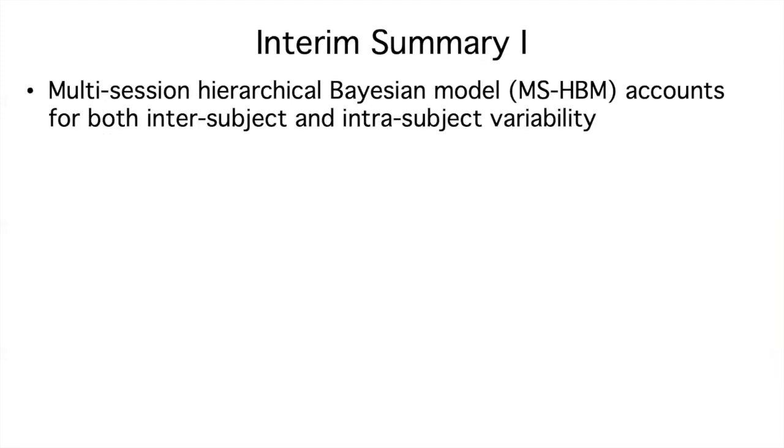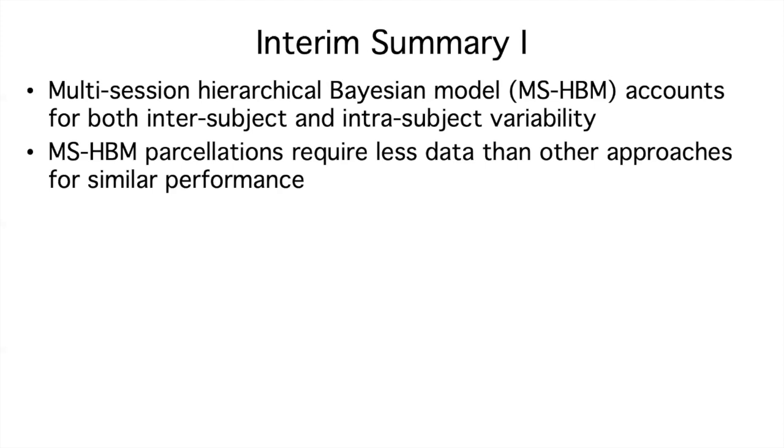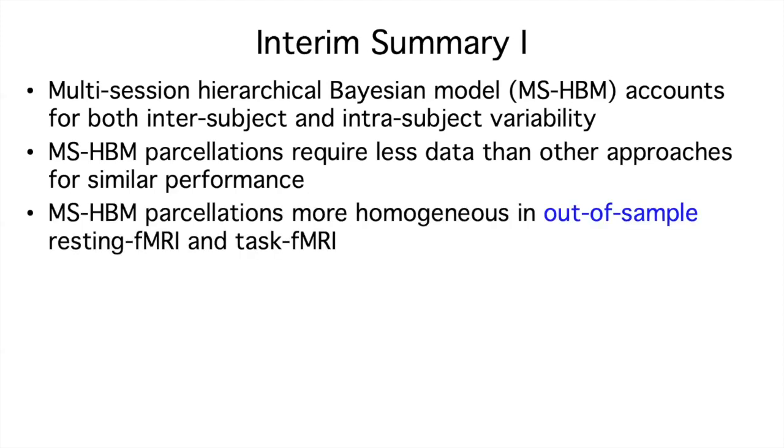To summarize, I've shown you the multi-session hierarchical Bayesian model for individual specific cortical parcellation. The approach accounts for both inter-subject and intra-subject variability. Compared with other approaches, Ruby's parcellations require less data for comparable performance. When we use the same amount of data, Ruby's parcellations are more homogeneous in out-of-sample resting and task fMRI data.